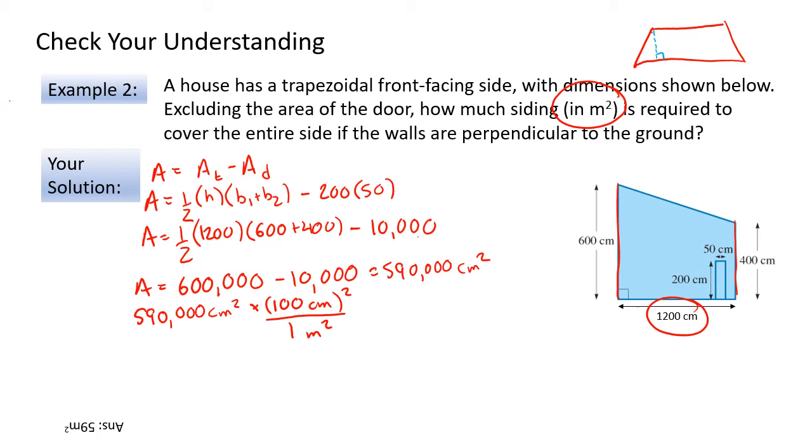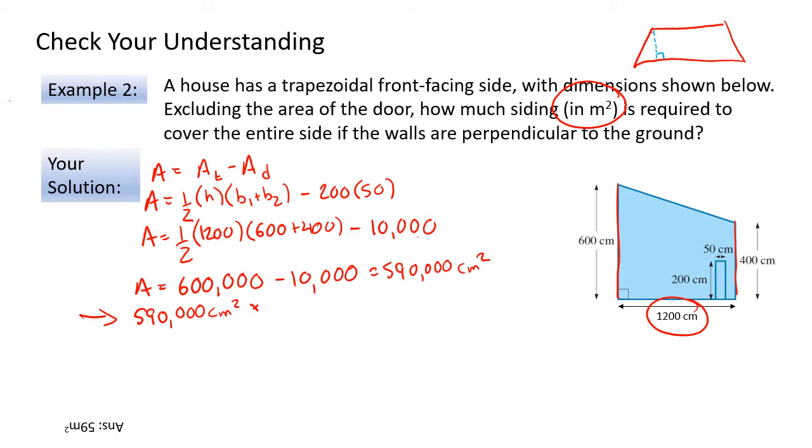Okay, so those are two equivalent things. 100 centimeters is equivalent to 1 meter. That's why we can write that as a proportion. It's not going to change our number here, right? It's not going to change the value. The final number will look different, okay? But it doesn't affect it, it's just changing units, okay? So one thing I did note here that I will have to change is we actually have that backwards. Okay, if anybody might have noticed that. Remember, we want to just have meters squared, not centimeters squared.